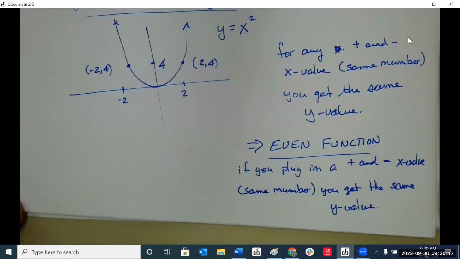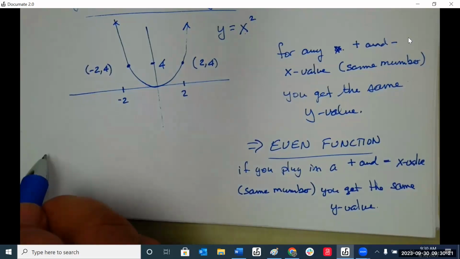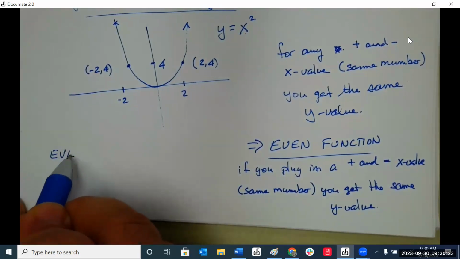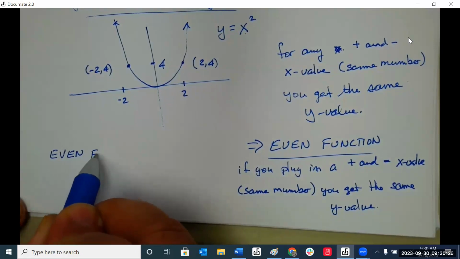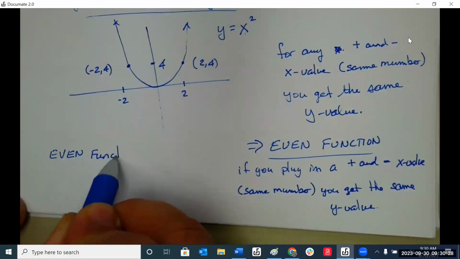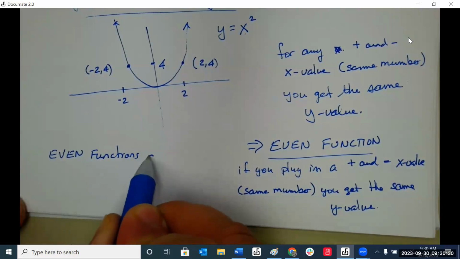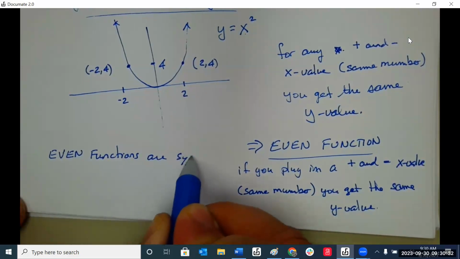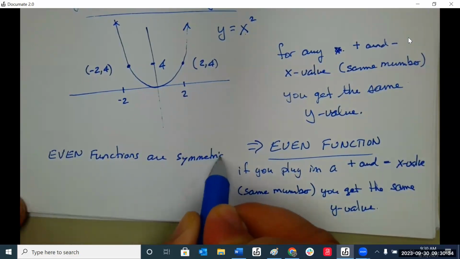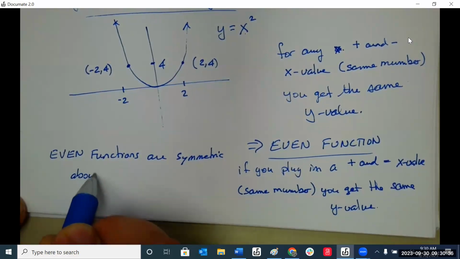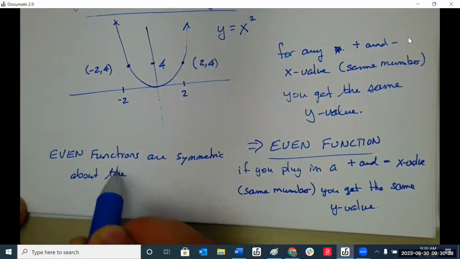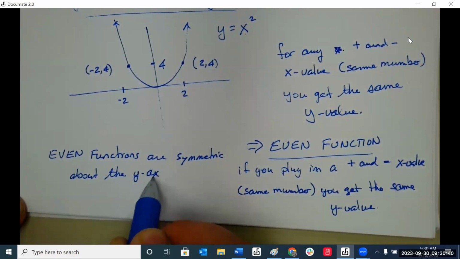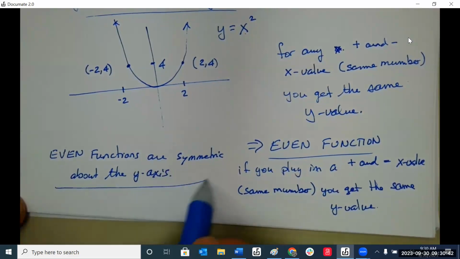So even functions are symmetric about the y-axis. Even functions are symmetric about the y-axis.